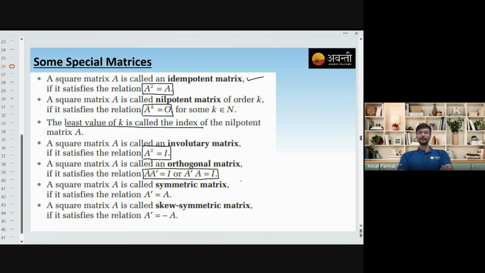Symmetric matrix. We'll study symmetric matrix in detail. It is when the transpose of the matrix is the matrix itself. Skew symmetric matrix is when the transpose of the matrix is the negative of the matrix. Correct?